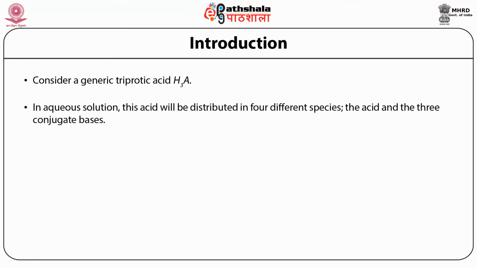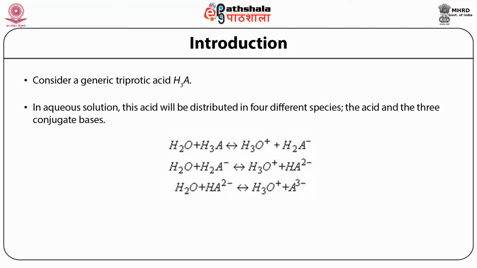You can see here in this example, H2O when present with the generic triprotic acid H3A forms H3O plus and the H2A minus conjugate base. Then again, H2O plus H2A minus forms H3O plus and the HA2 minus conjugate base, and H2O plus HA2 minus forms H3O plus and the A3 minus anion.